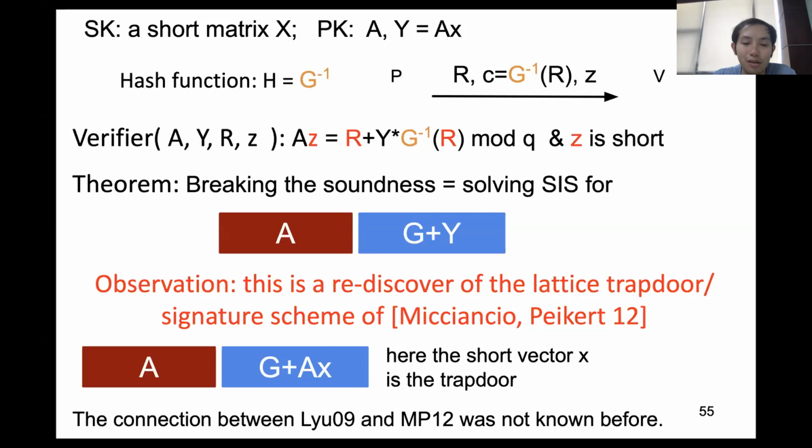So rather than giving a new signature scheme, we only show a connection between Vadim's signature and the signature of MP12. But in some sense, this is also a surprising connection because it was never publicly mentioned before. It's somewhat surprising to see that the trapdoor of MP12 can be seen in another way from the Fiat-Shamir transformation.